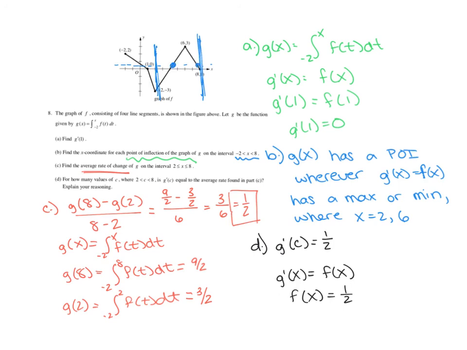Somewhere around these 2 points here. So for how many values of c, I shouldn't have said just twice. I should say f of x equals 1/2 for 2 values.